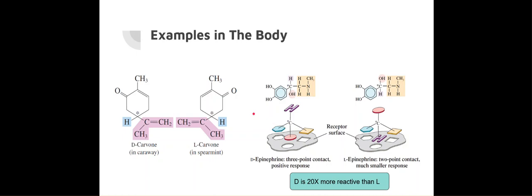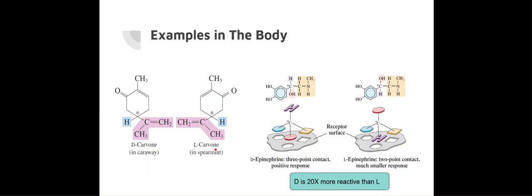So here are some examples. This is D-carvone, and you can see that it is in a dextrorotary configuration. This is what gives you the taste of caraway seeds.